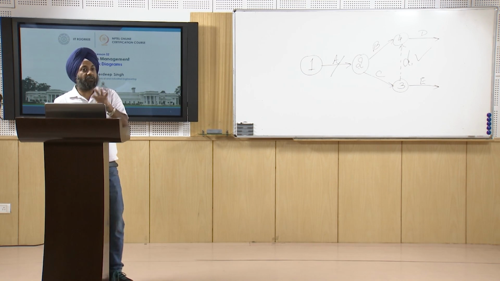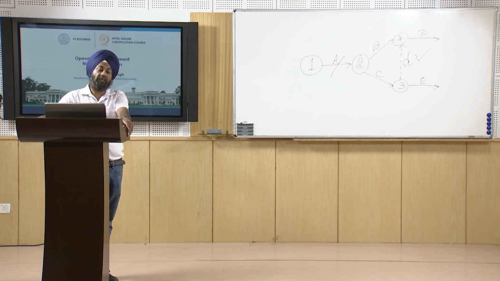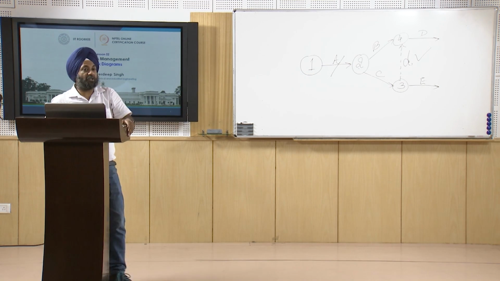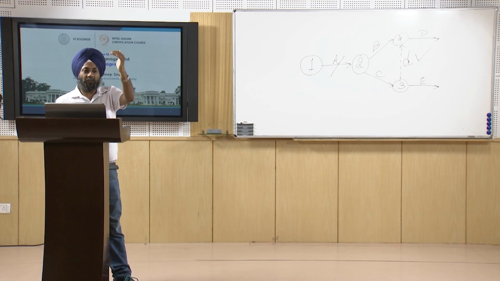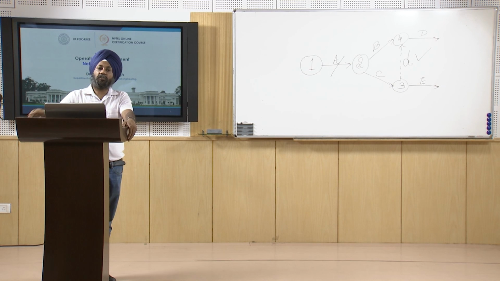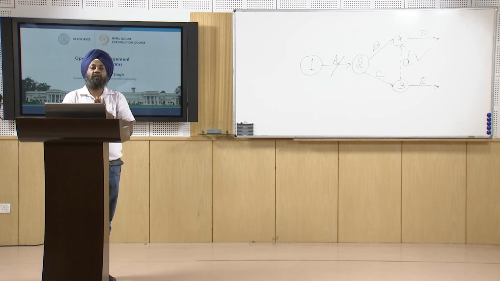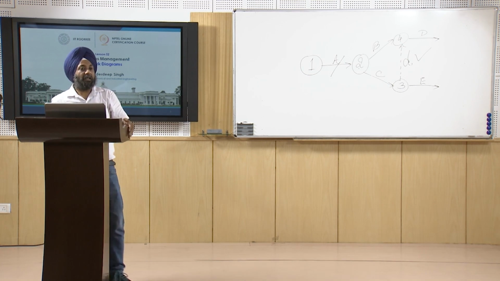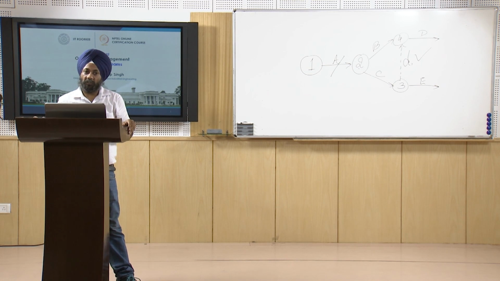In today's session we have seen the rules that must be kept in mind while drawing a network. We have tried to understand the use of the dummy activity, and finally we have seen one problem of construction of a house, how the different activities can be listed, what the precedence relationship among the activities is, and finally how a project network will actually look. In the next session we will see the calculations based on this network. Thank you.